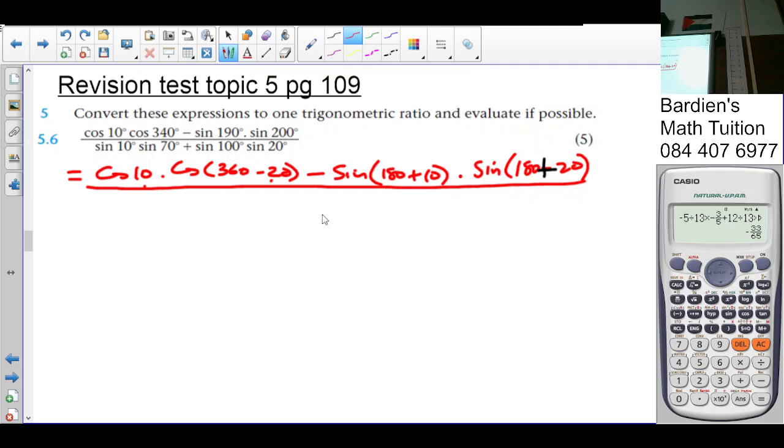So the next one is already in its order. So that is fine. So it's sine, sine. But it's supposed to have written sine, cos. Not so. So I'm going to change that one to a cos. So it's going to be sine 10 times cos 20. I can either write cos 20 or first write the angle in there. It's going to become cos of 90 minus 20, which is 70, plus we got the sine.